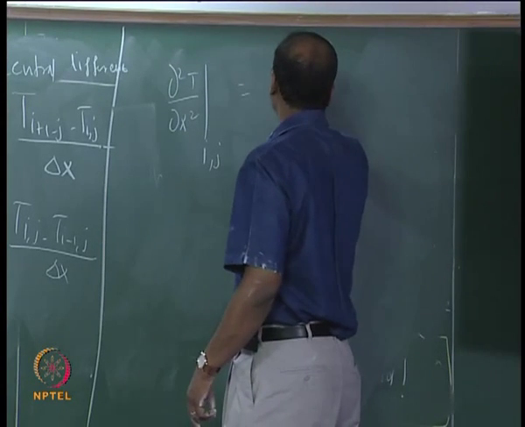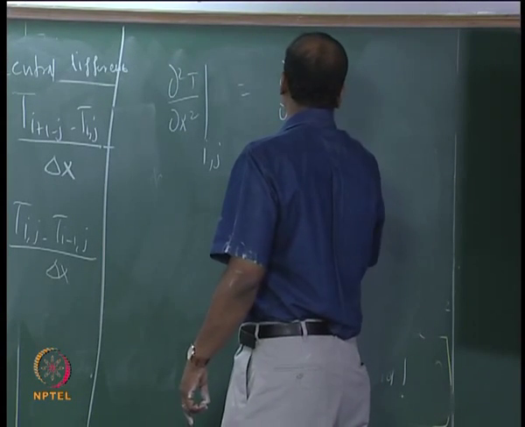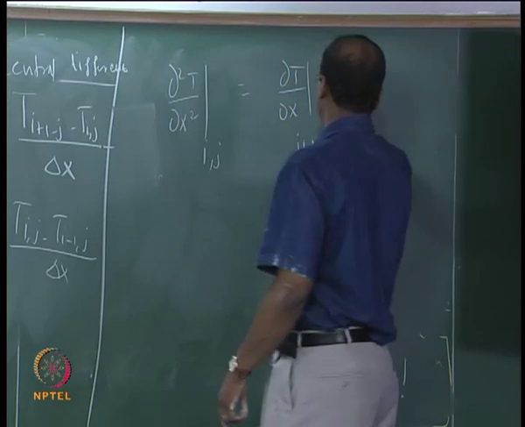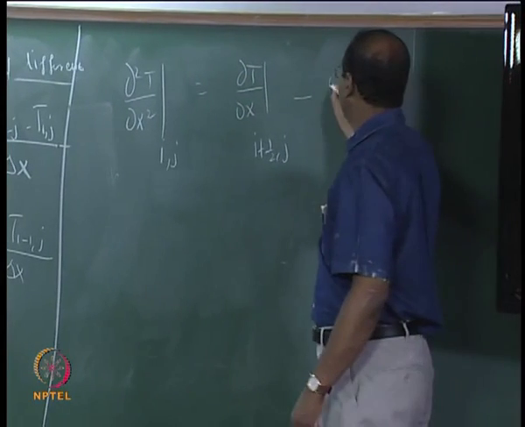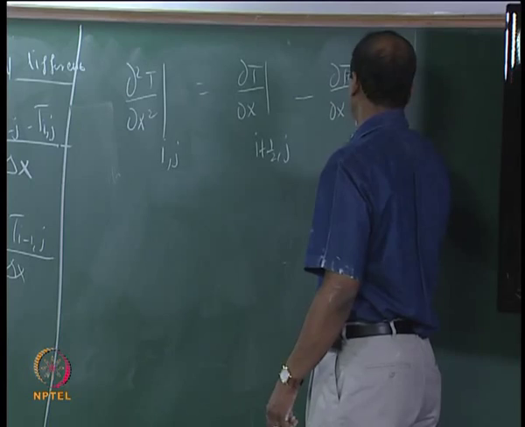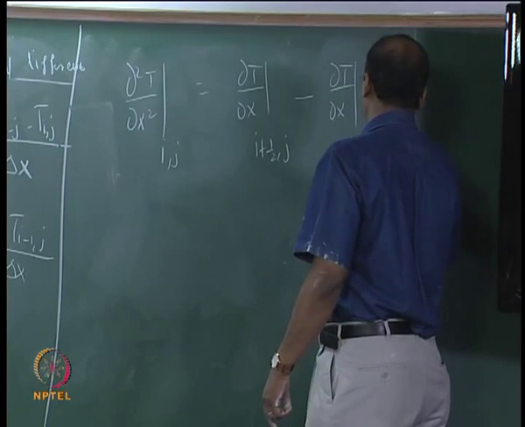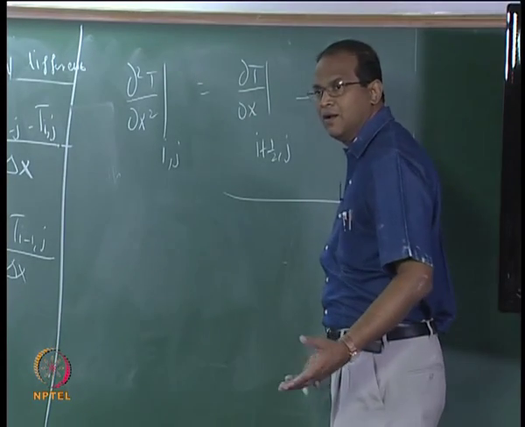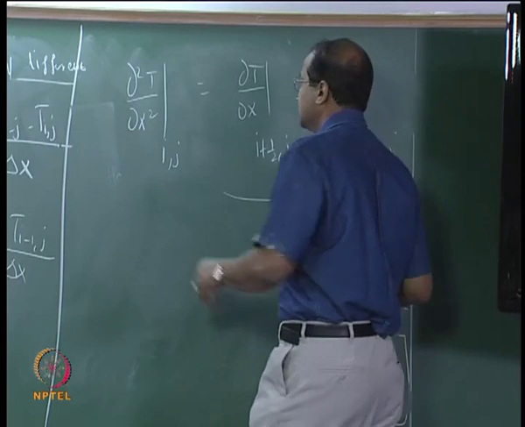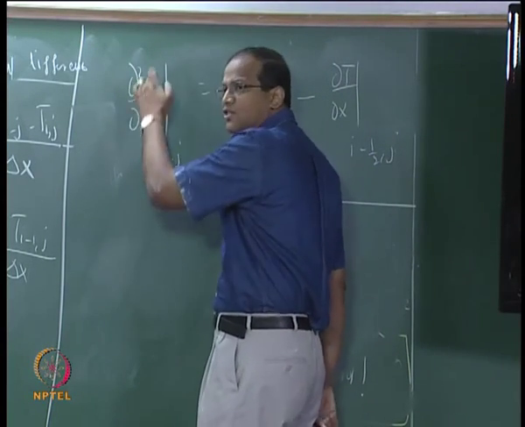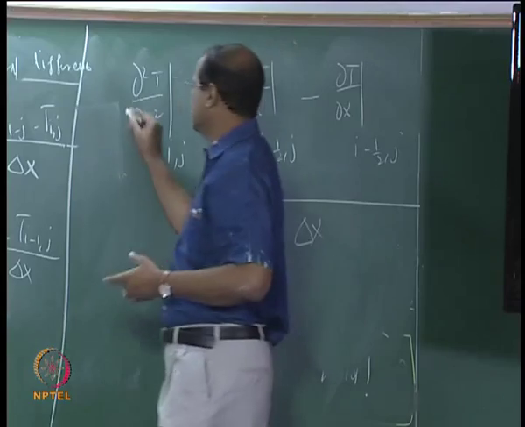It is nothing but dT by dx at i plus half, j minus dT by dx at i minus half, j, divided by delta x. Very good, because this is nothing but dou by dou x of dT by dx.